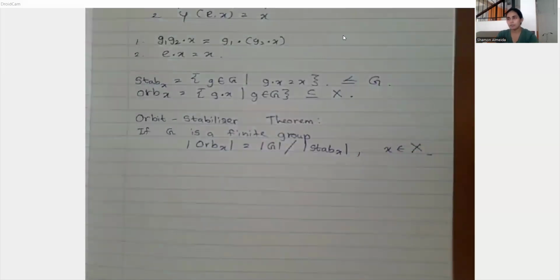Right. Then we actually went over some examples of group actions, some specific examples. Major ones where G acts on itself by left multiplication, then by conjugation and all that.